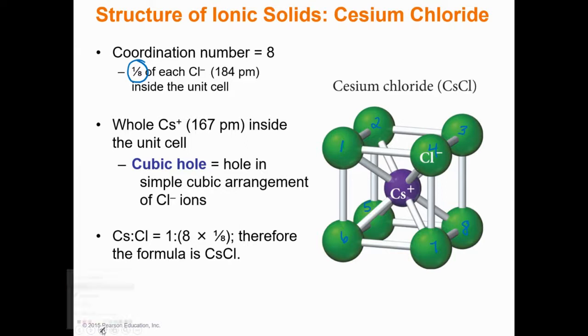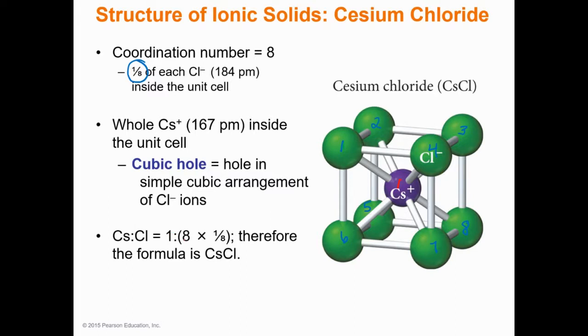Now, I have one cesium in the middle. So when we're looking at what's happening here, in the cubic hole, the hole in the center there, but there's not a hole because there's a cesium. What you can do is say, okay, based on the coordination number, how can I predict what the formula is going to be?